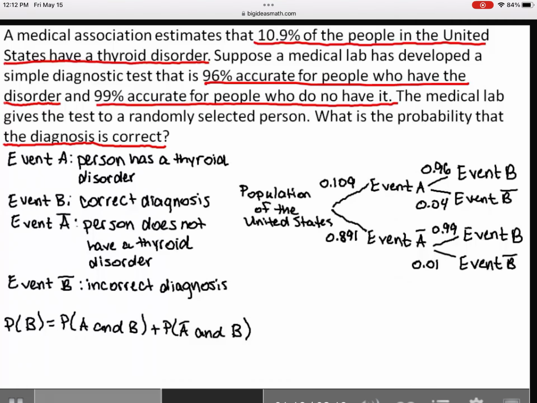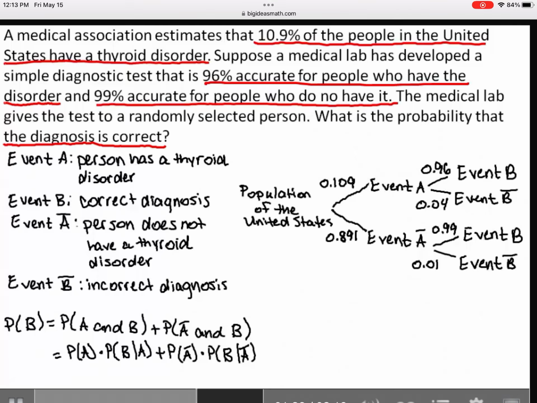The probability of events A and B occurring equals the probability of event A occurring times the probability of event B occurring, given that event A has already occurred. And the probability of events A bar and B occurring equals the probability of event A bar occurring times the probability of event B occurring, given that event A bar has already occurred.